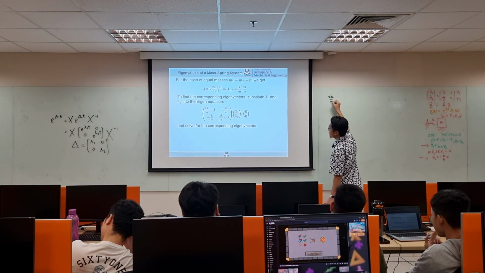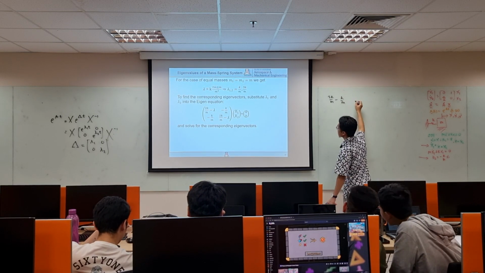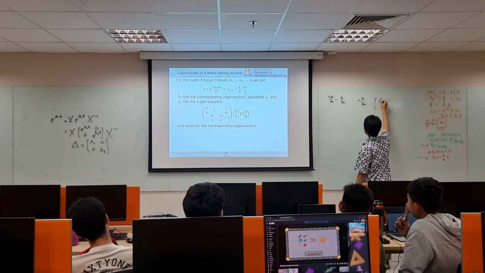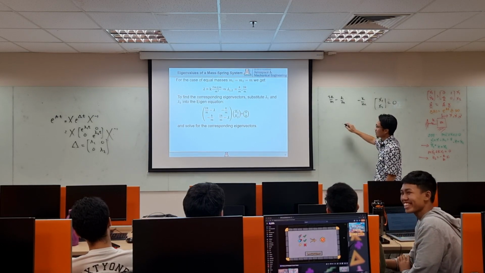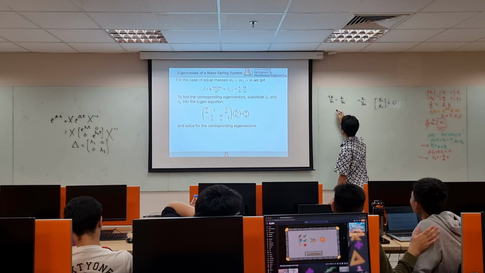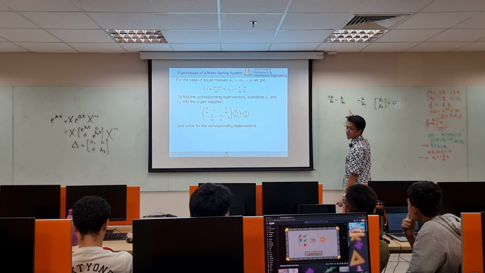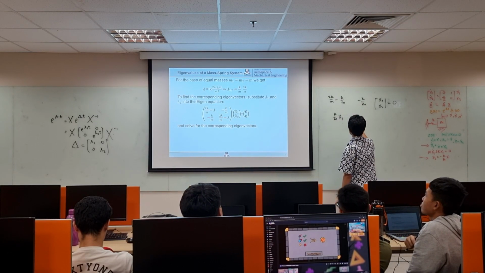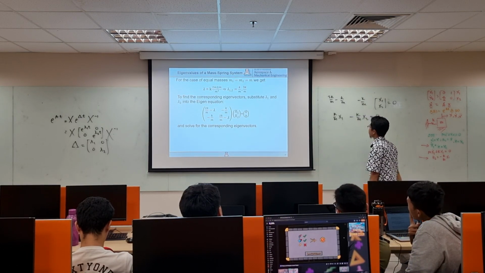2k over m minus k over m, and then minus k over m, and then in here x1, x2 equals 0. Let us use the first one only. So we have 2k minus k become k over m x1 minus k over m x2 equal to 0.